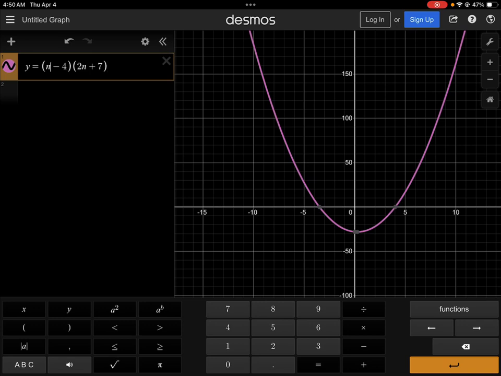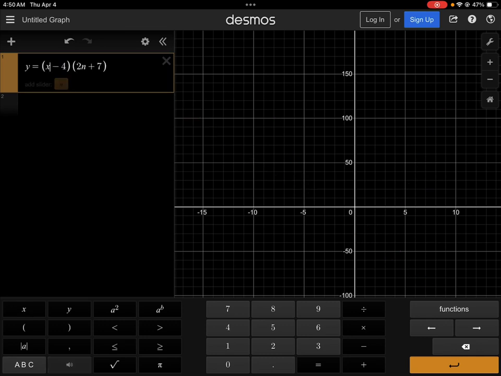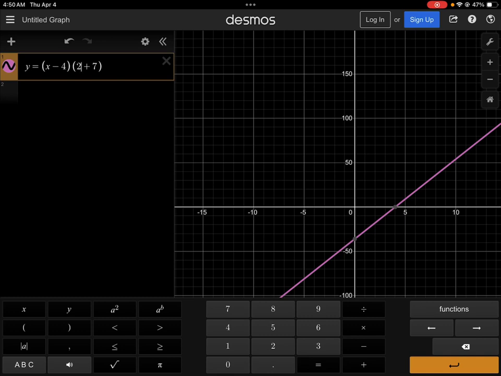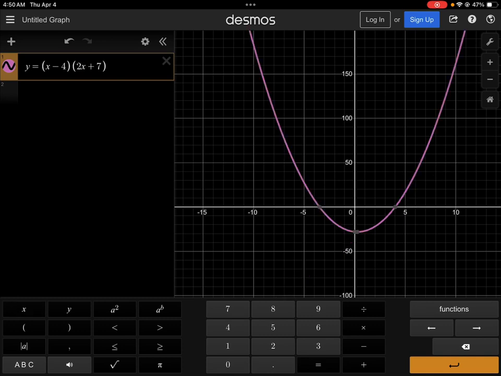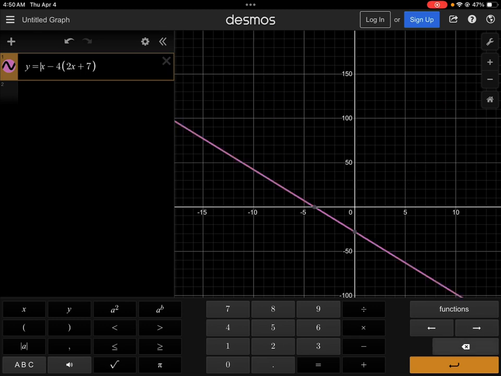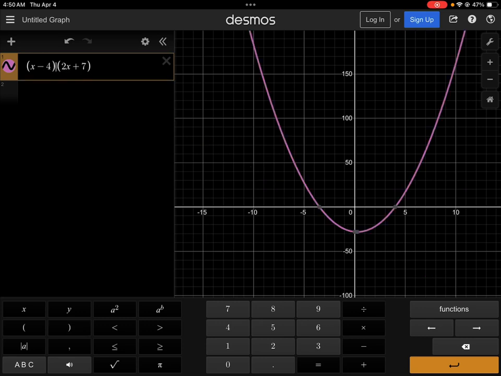If you didn't want to write the y, you would have to replace the n with x. Then even if there was no y, it would recognize what you wanted to do, and it would still graph it.